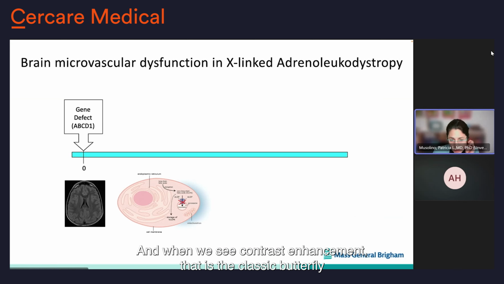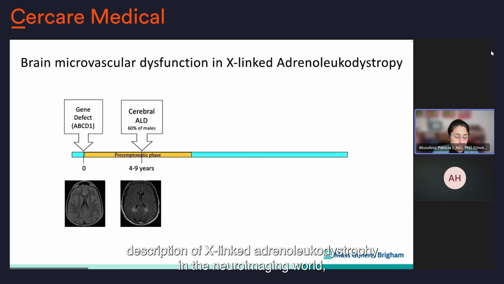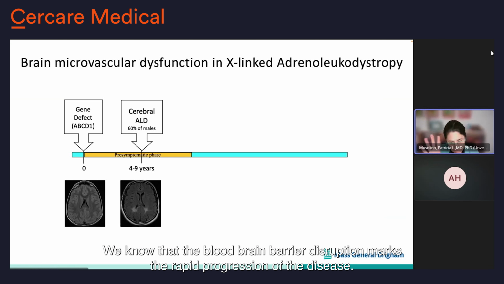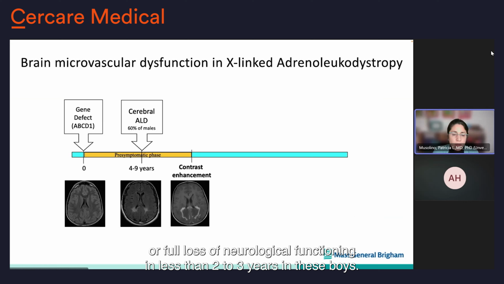And when we see contrast enhancement, that is the classic butterfly description of X-linked adrenoleukodystrophy in the neuroimaging world, and this is now changing as we have newborn screening and much earlier lesion diagnosis. We know that blood-brain barrier disruption marks the rapid progression of the disease, with basically a vegetative state or full loss of neurological function in less than 2 to 3 years in these boys.